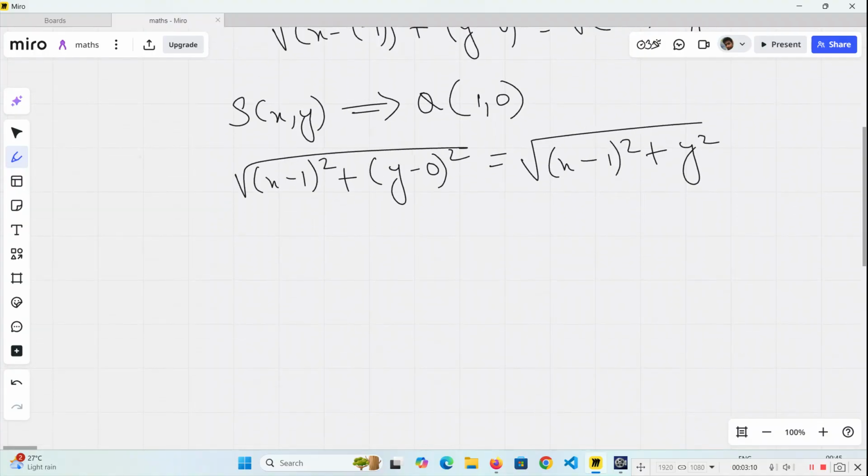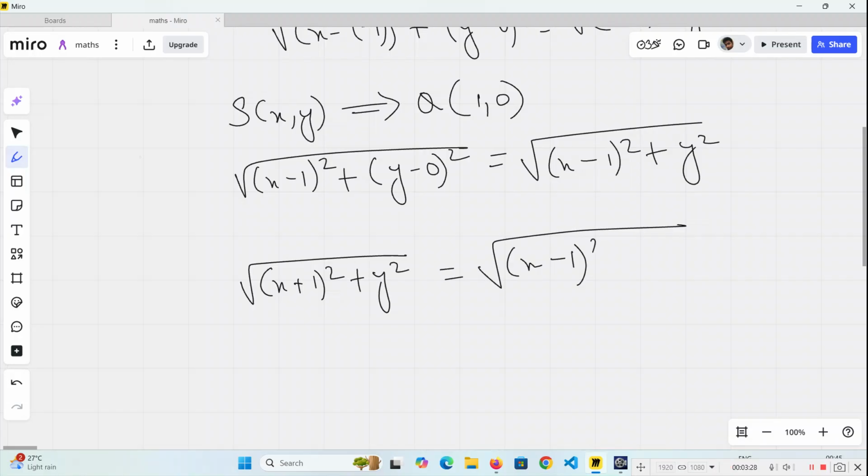So this is the distance of point S from Q. Now these two distances are equal, so root over x plus 1 whole square plus y square equals root over x minus 1 whole square plus y square.